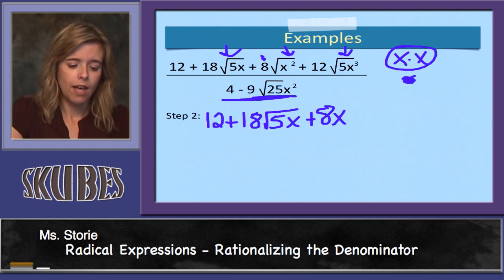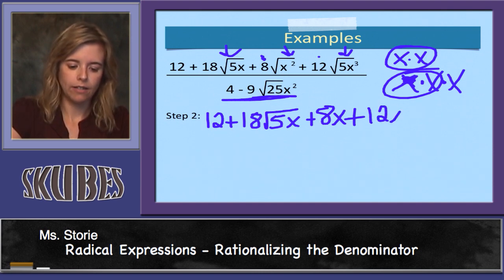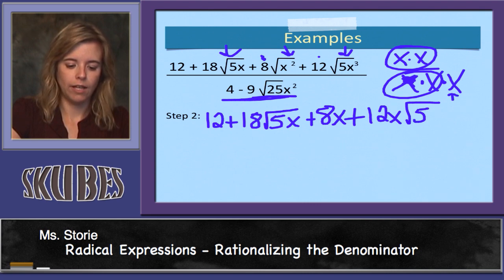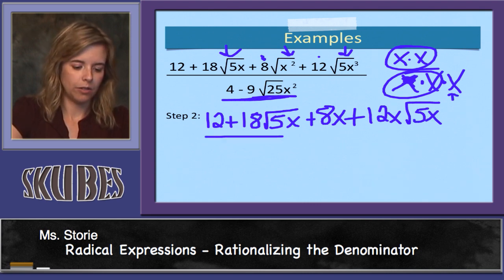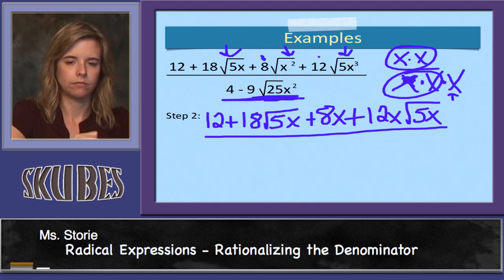But if we have x times x times x, we've got a pair of x's here. We can pull one set out. So we're going to have the original 12 that was already there. Pull out a set of x's, and all that you're left with is that 5 because it's prime and that lonely x. Now look at the bottom. I've got 25x squared.